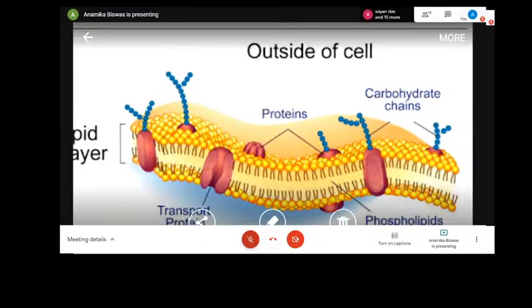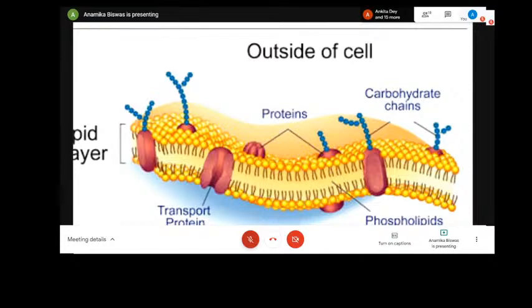Now this plasma membrane has the ability that the proteins can move from one place to another place in this lipid bilayer part.